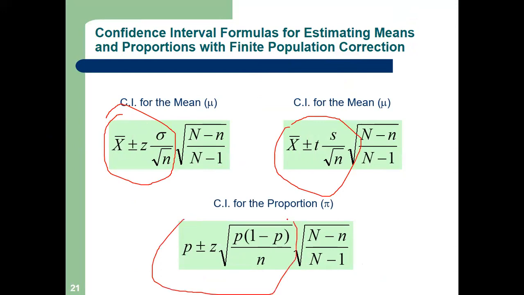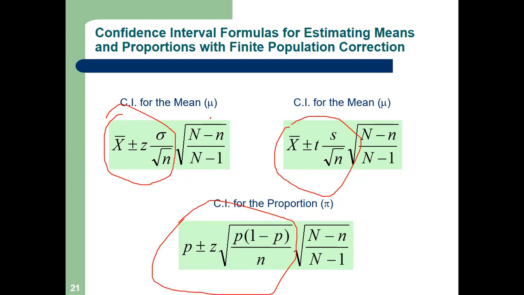We will multiply all 3 formulas, all of you write down these 3 formulas, please. These are the 3 CI formulas I have given. We will multiply the formulas with the finite population correction factor.